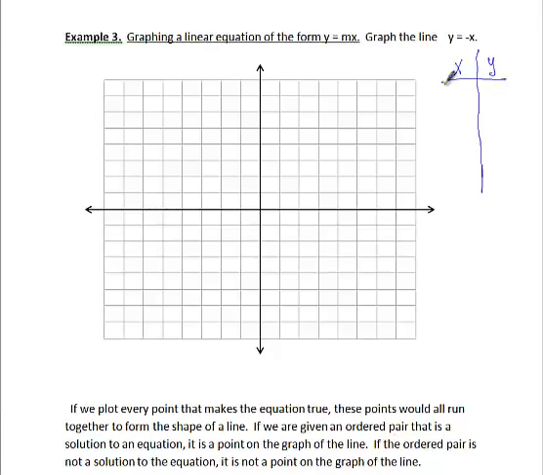So normally what we do is we lay out our table, x, y column, and we pick x values. So I'll pick -3. Let's say -2. 0 is always a nice number to pick for x, and then +3. Okay, I picked a negative, I picked 0, I picked a positive number.